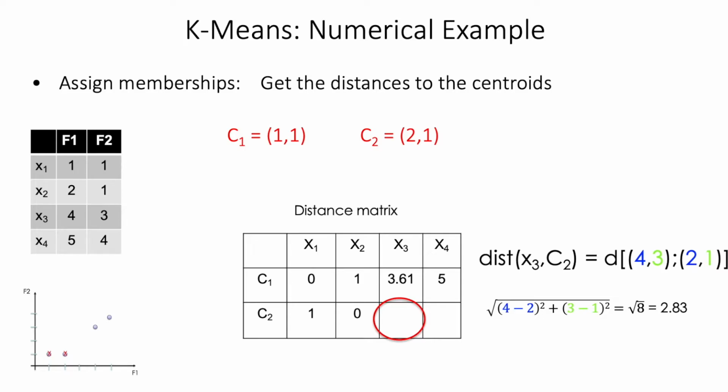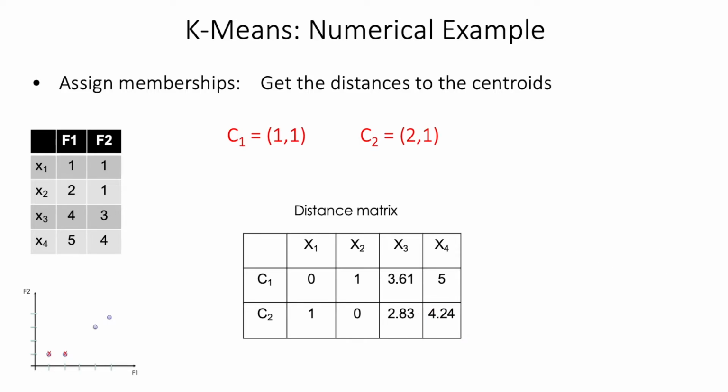You can see the calculation here: 4 minus 2 to the power of 2 is 4, and here we have 4, so it's the square root of 8. And finally, the distance between x4 and c2 is the distance between (5, 4) and (2, 1), and it is 4.24. So this is the final initial distance matrix, meaning the distance between every data point and the current centroids.